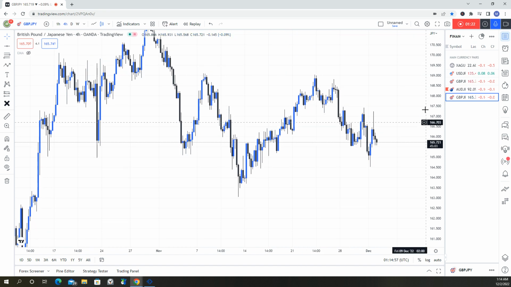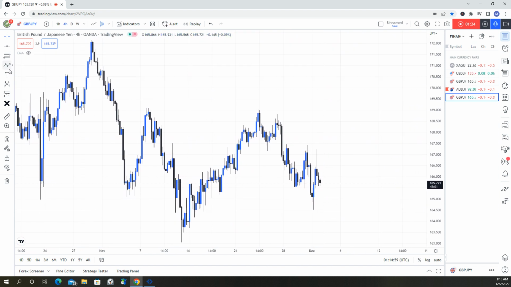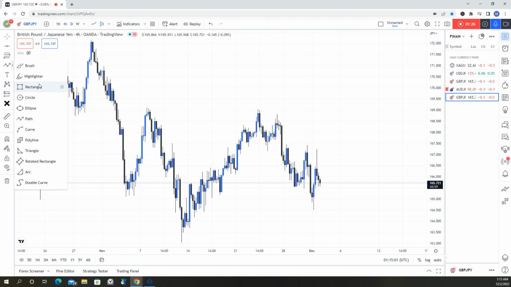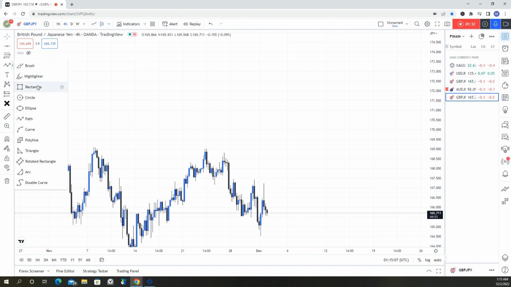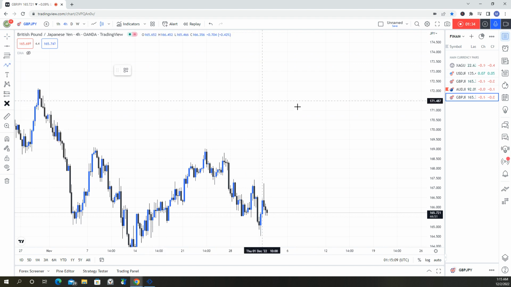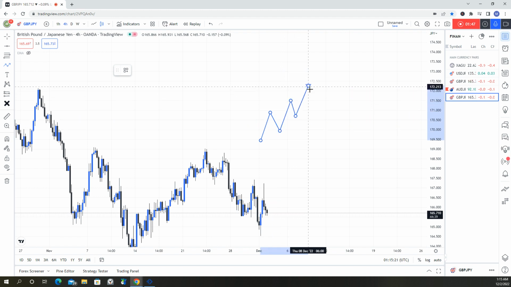I'm going to draw some levels here before actually taking you to the actual chart, so you can understand and be aware of it. Let's say this is a bullish trend, for example, going up, pulling back, going up, pulling back, going up, then coming down, then pulling back up, then coming down.